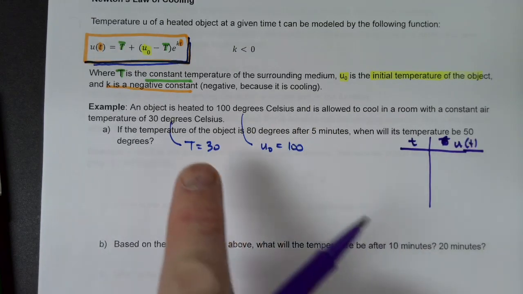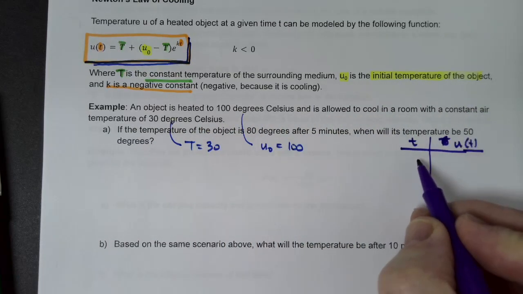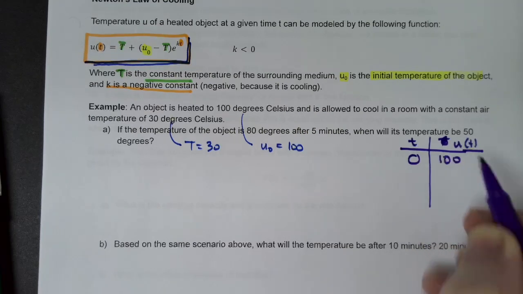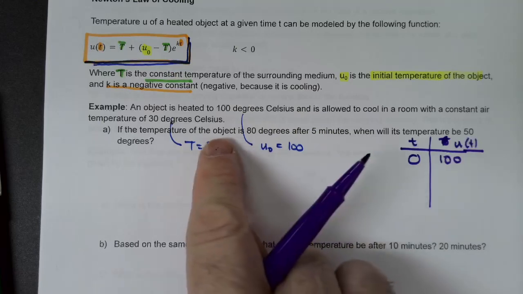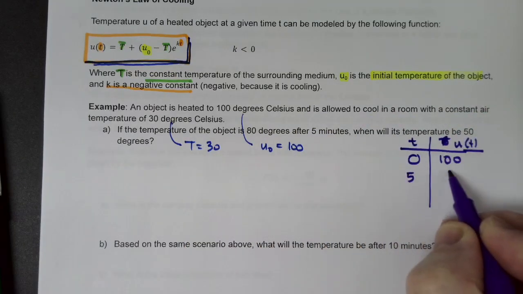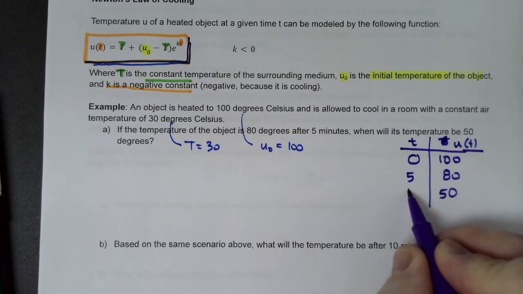So first of all, when it says the object is heated up to this and then allowed to cool, that gives us the initial temperature when time is 0. So as soon as it comes out, it's going to start cooling. So we're going to say t equals 0, not 1, but at 0 time, we have this. Next, in the problem, it says at 5 minutes, we're down to 80, and then it says when will its temperature be 50? So we're solving for t here.